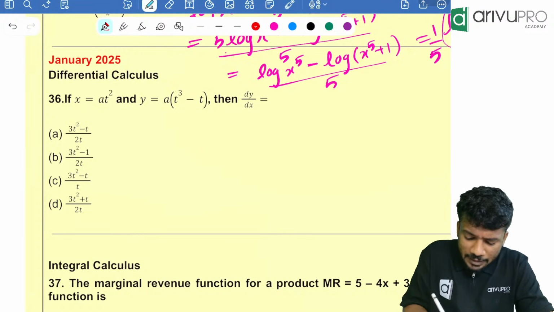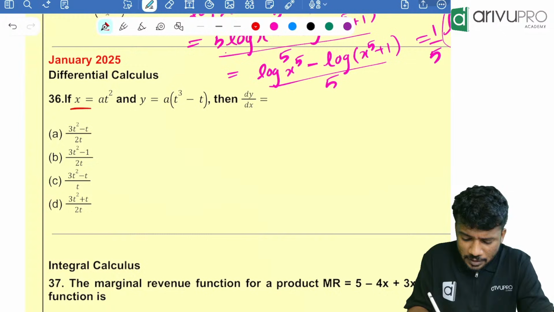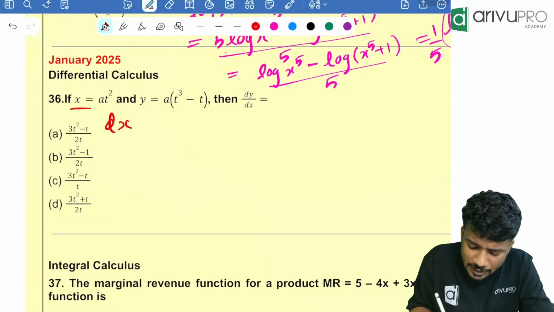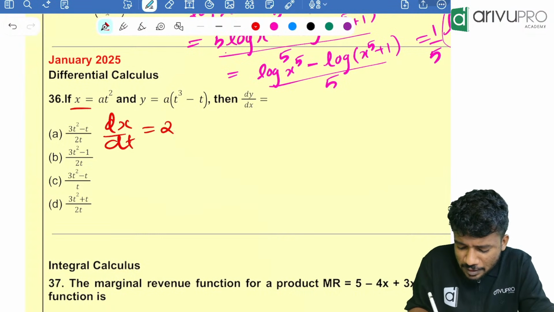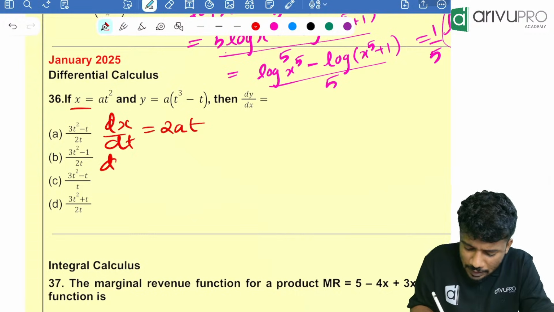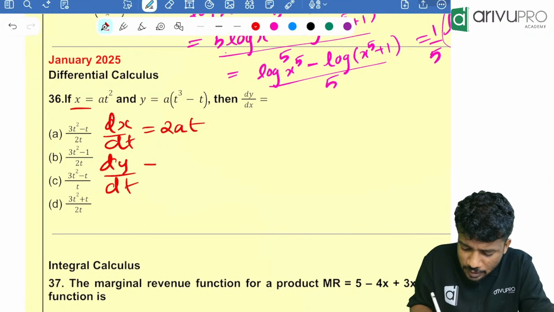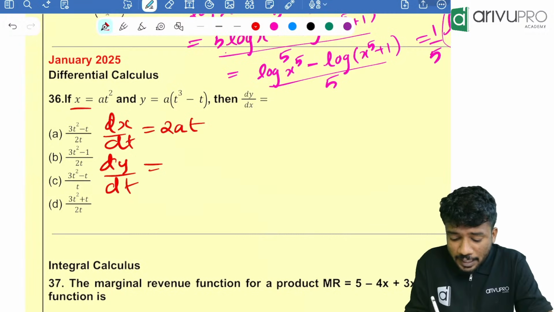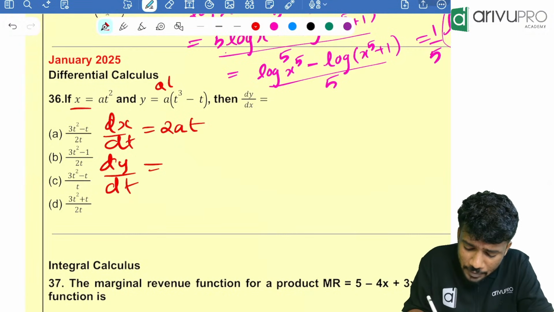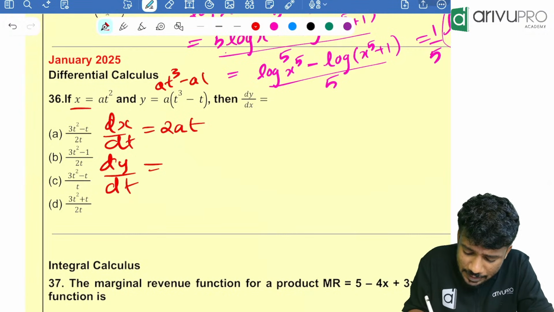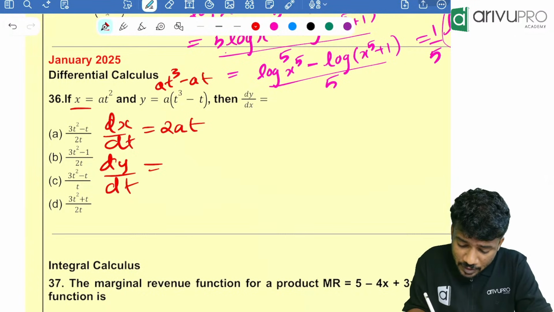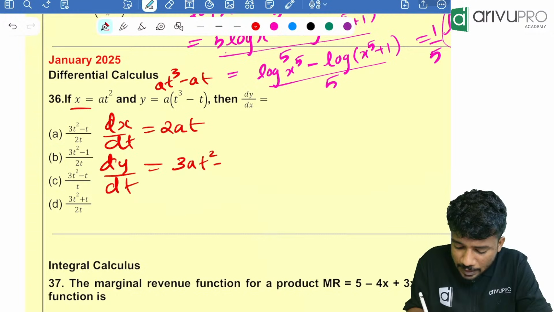Look here, differential calculus, x is equal to at square. So that means dx by dt is nothing but 2at. Similarly, dy by dt is what? You can open the bracket if you don't know the direct one. So opening the bracket, it will become at cube minus at. So dy by dt will become 3at square minus a.